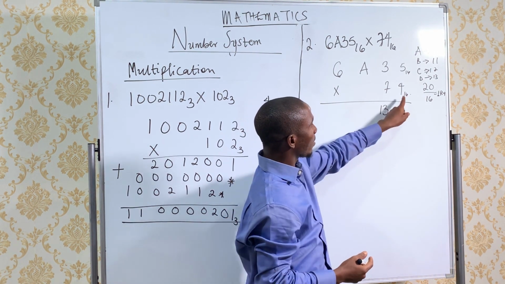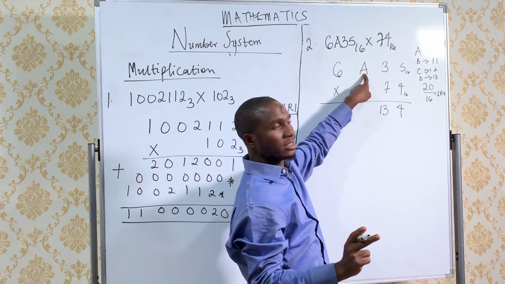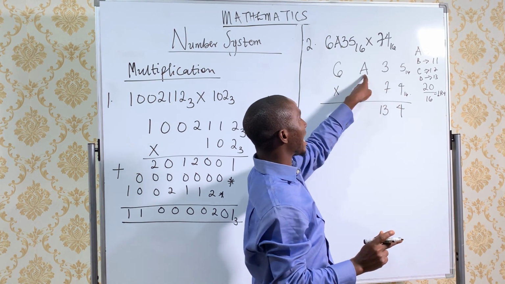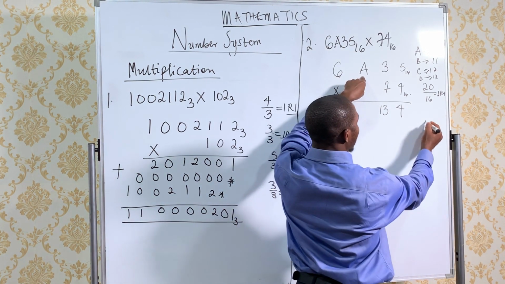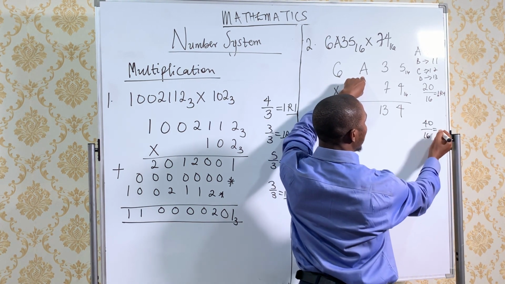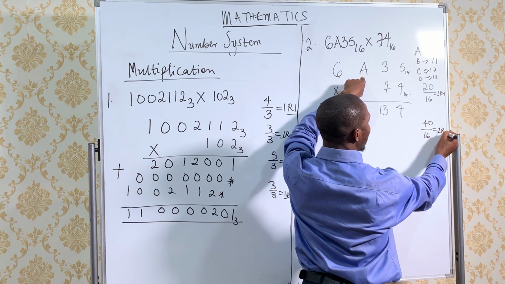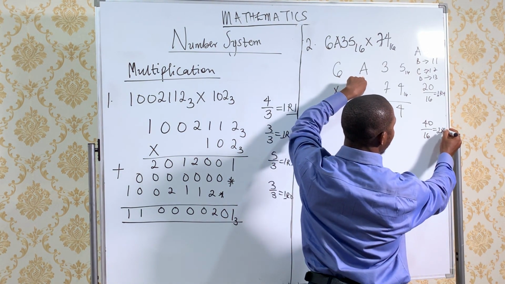Let's continue. Now, 4 times A. A is 10. Don't forget. So this one means 4 times 10, and 4 times 10 will give us 40. 40 in 16. How many 16 can we see in 40? That is 2, and that is 32. Remainder 8.